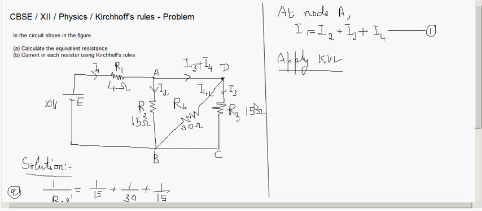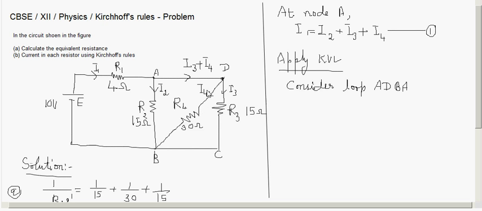Consider loop ADBA and go in clockwise direction.